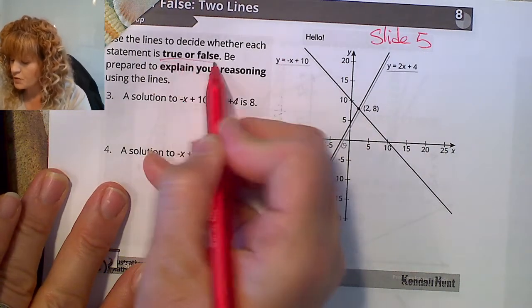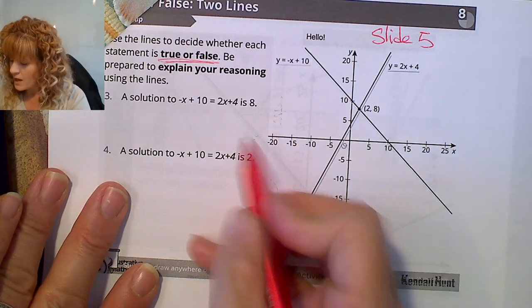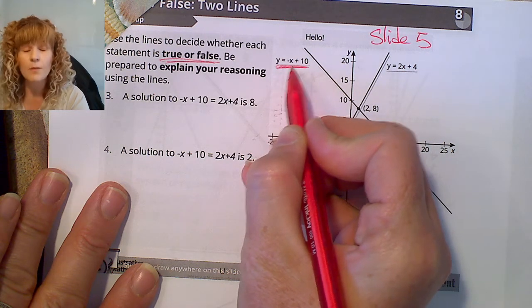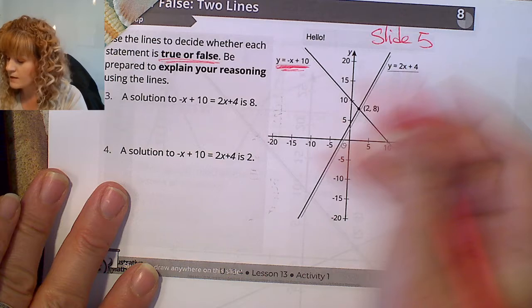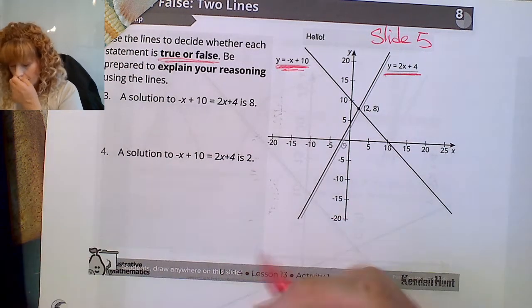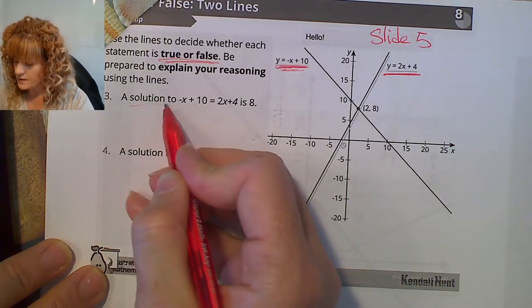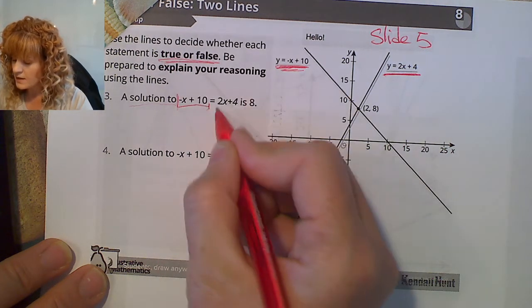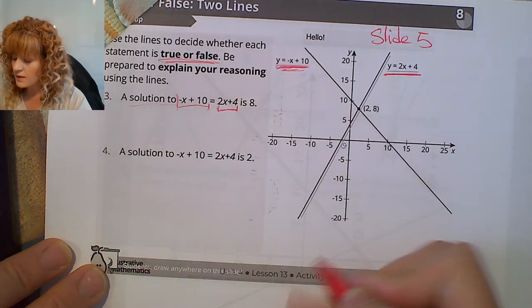And this is more true or false. Okay, here we have again the same. Y equals negative x plus 10. Y equals 2x plus 4. Okay, true or false? A solution to negative x plus 10 equals 2x plus 4 is 8.